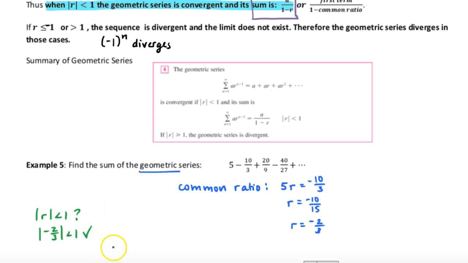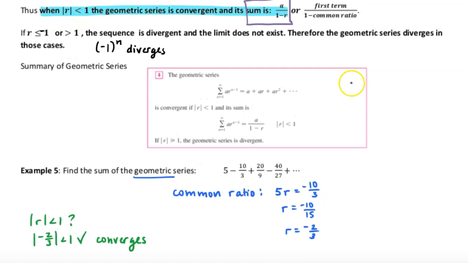And so the series converges. All right. And now that this converges, and we could argue that if we're told to find the sum, it probably converges. Now let's find the sum, and because the absolute value of r is less than 1, we can use this formula for the sum.